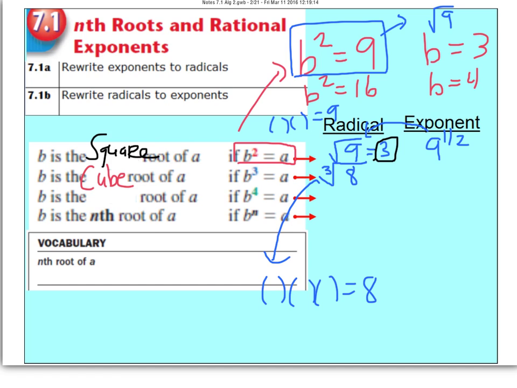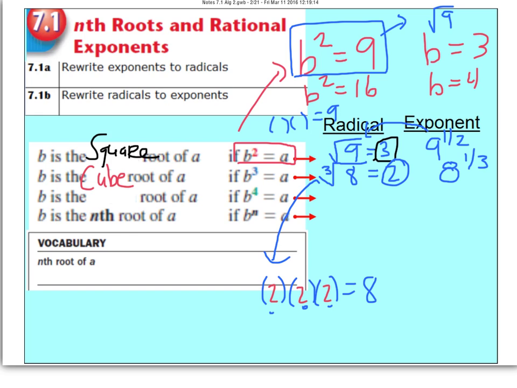It has to be the exact same number. If you try it, 2 times 2 times 2 will actually equal 8. So the cube root of 8, what number 3 times is 8, the answer is 2. Now that can also be written as an exponent. That's going to be 8, not to the 1/2 power, but to the 1/3 power.